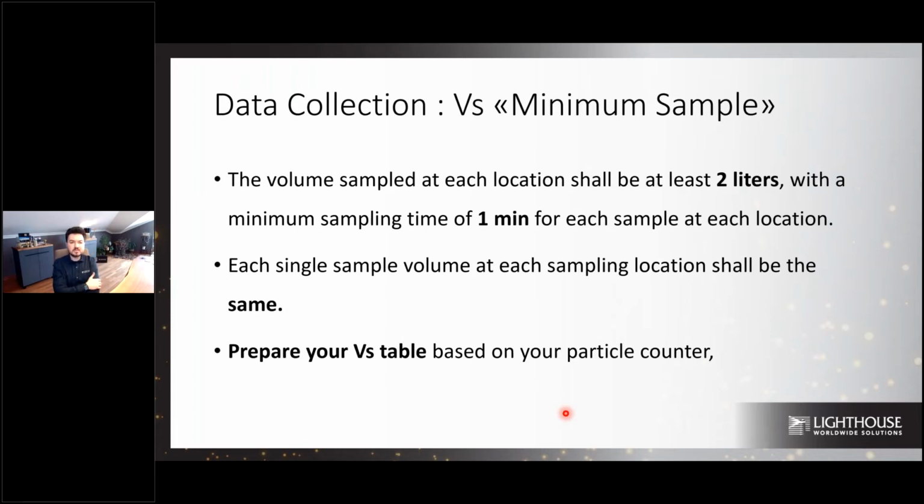What does it mean? What is the expectation? It should be at least 2 liters or at least 1 minute sampling. Forget about this 2 liters because all the commercial particle counters are starting from 2.83 liters, 0.1 CFM, all the way to the 100 liters, depending on the manufacturer.